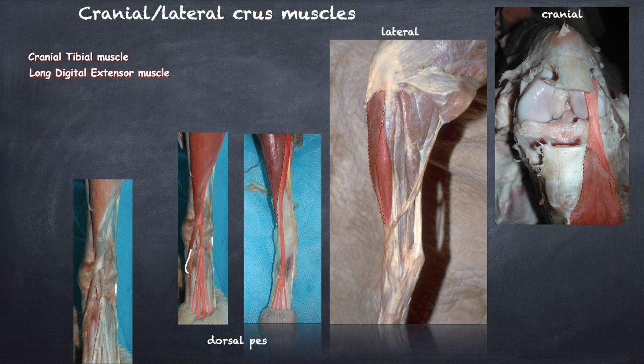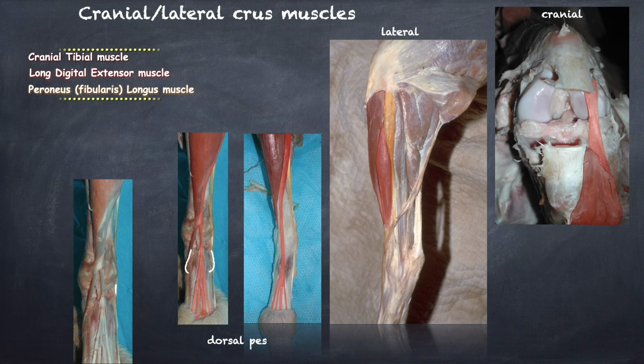Remember the common digital extensors in the front limb. This one is longer. It's the long digital extensor muscle. And then we have a kind of triangular one here, whose tendon of insertion also wraps around to the plantar surface of the pes. The peroneus or fibularis longus muscle. Okay? Remember, the fibula is lateral.